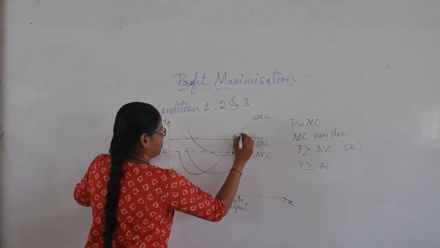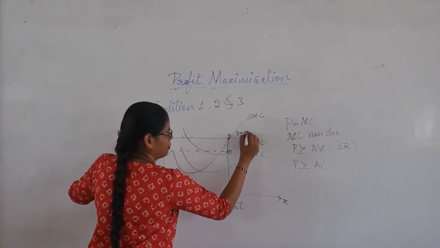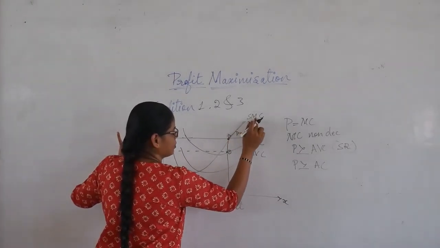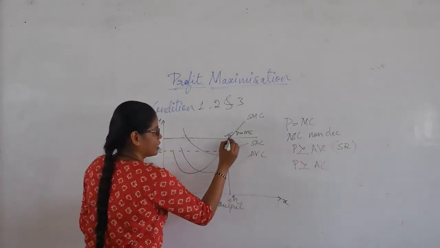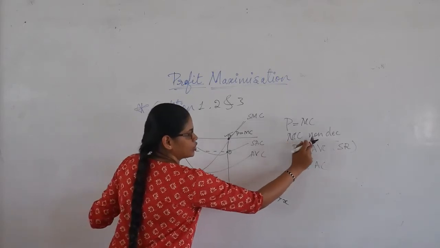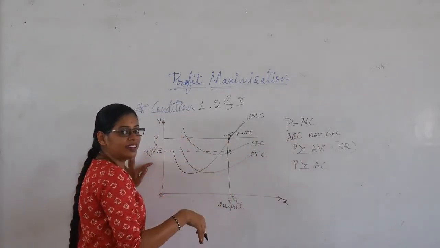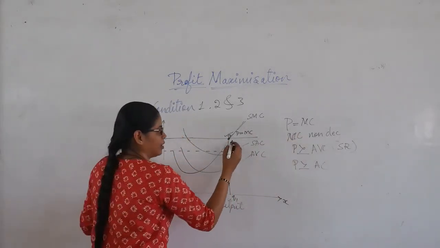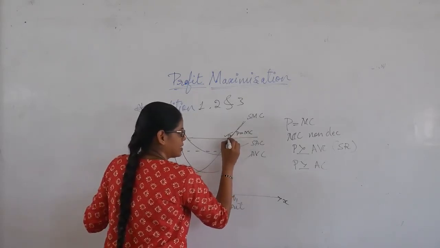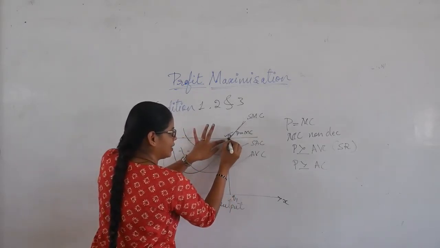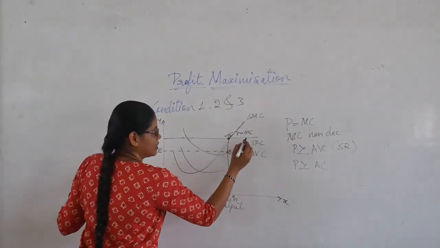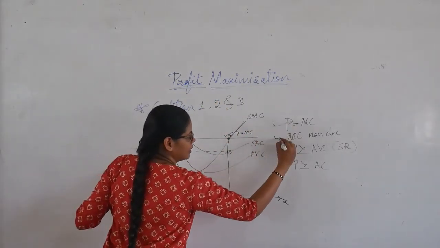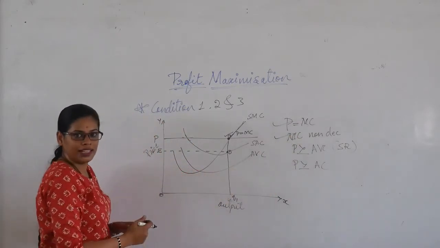Here you can see price is equal to MC, because this curve is nothing but the MC. So the first condition is satisfied. The second condition talks about MC not decreasing, it should be non-decreasing, that means it should be increasing. After this point you can see that the marginal cost is increasing. So this condition is also satisfied.